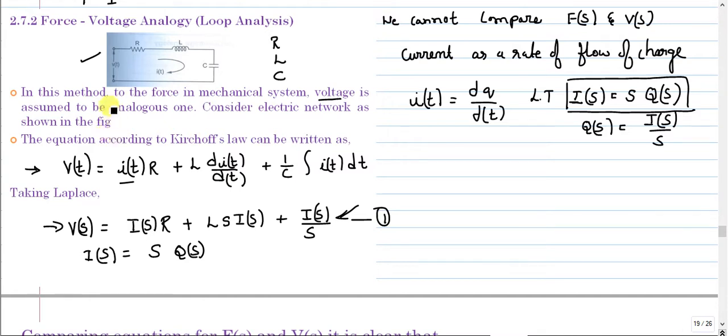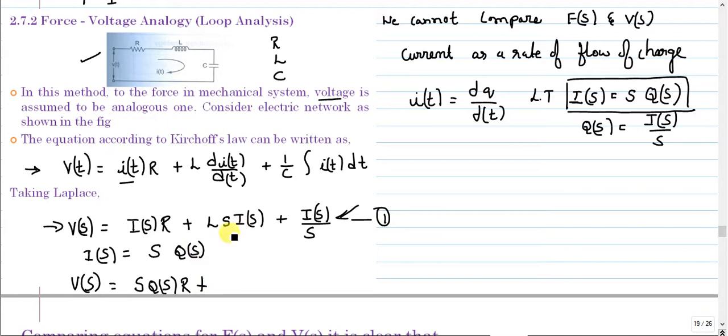When I substitute I of s as s into q of s, your final equation will be V of s equal to, substituting I of s, s into q of s into R.